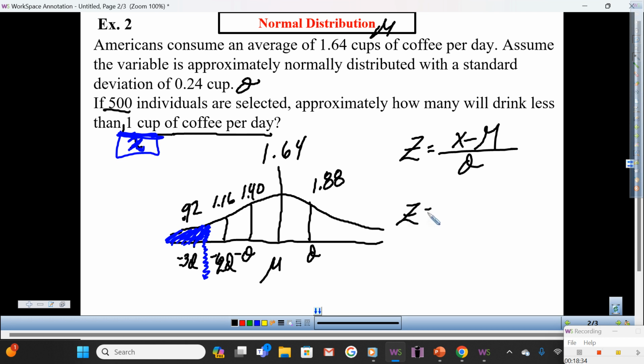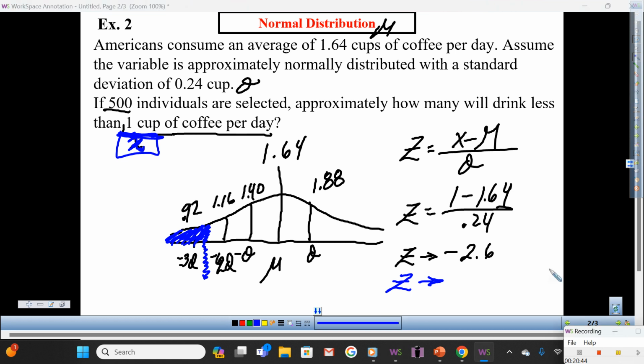So 1 minus 1.64 over 0.24. Who's got that number already? Negative 2.67. So then go to your table and find me the decimal value of that at negative 2.67. Let me send that screen to you.